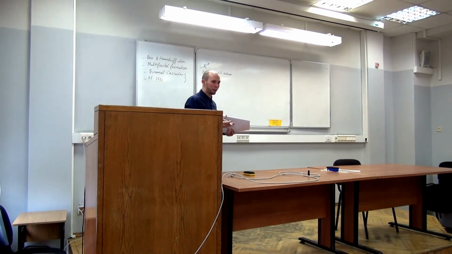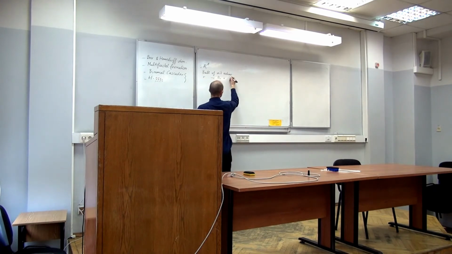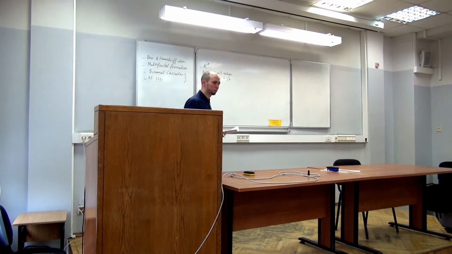So a ball of radius R, its volume is proportional to R to the power D, right, in R^D. So if you want to cover a ball of unit radius with balls of radius R, much smaller than 1, of course, you will expect that you will have this number of balls which is proportional to 1 over R to the power D because of the actual volume. Okay, so this is what you would expect.